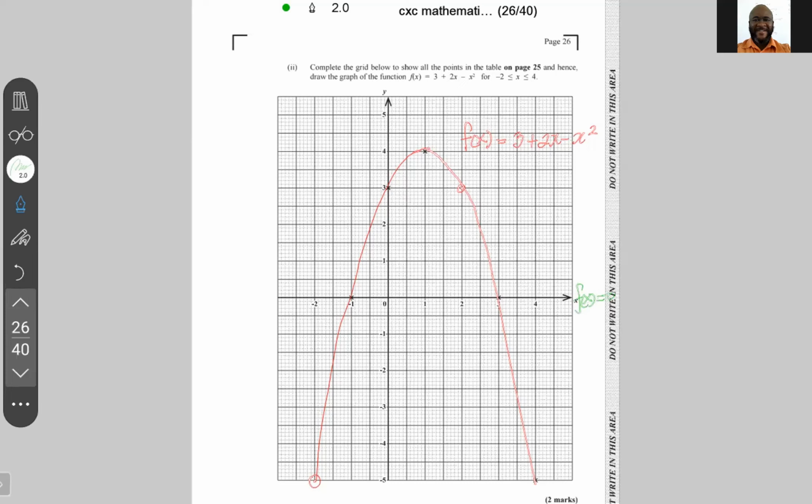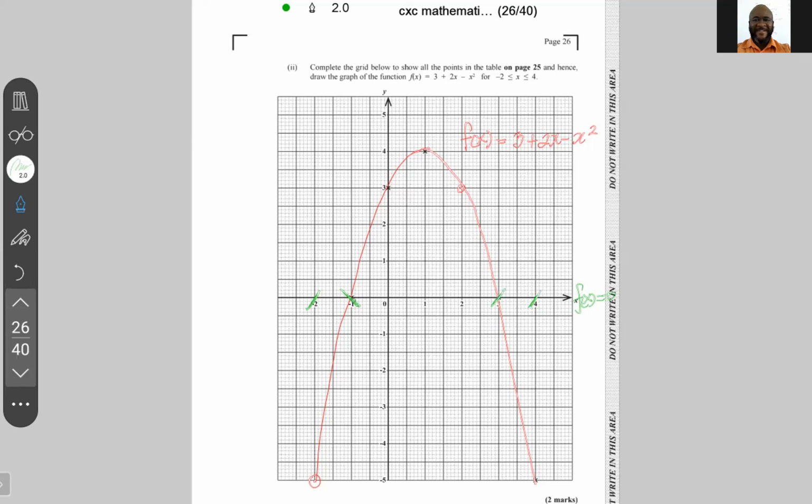Between -2 and -1, the graph, that's the red part here, is below the line f of x is equal to 0. Between x is equal to 3 and x is equal to 4, the graph is again below the line f of x is equal to 0.